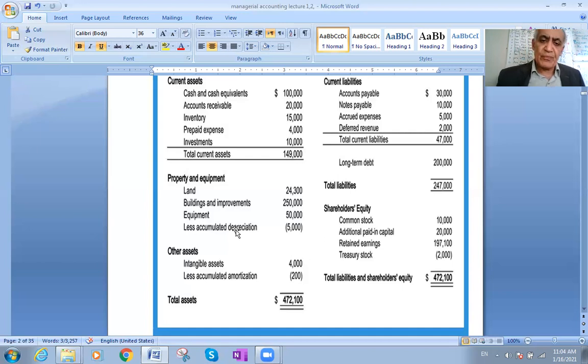Okay, here again. So this is the fixed asset, but the depreciation we deduct, we subtract it. So 24,000 plus 250,000 plus 50,000 minus 5,000, because depreciation must be deducted. Then other assets. What are the other assets?